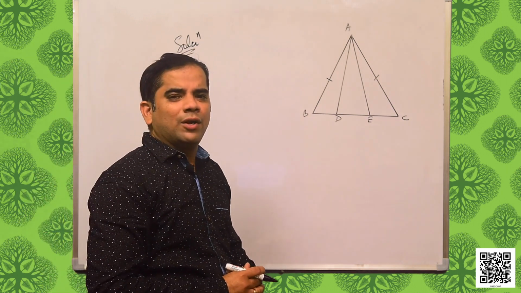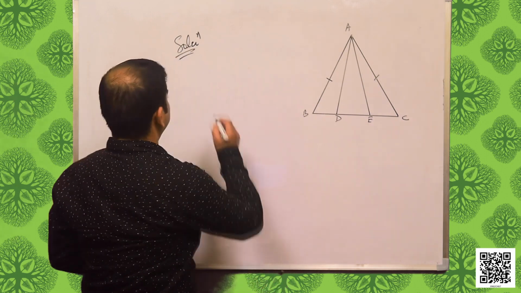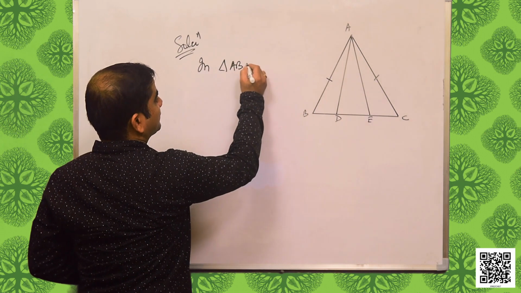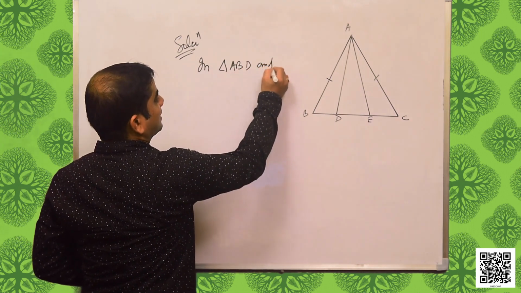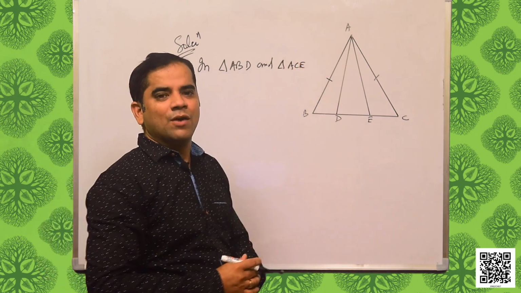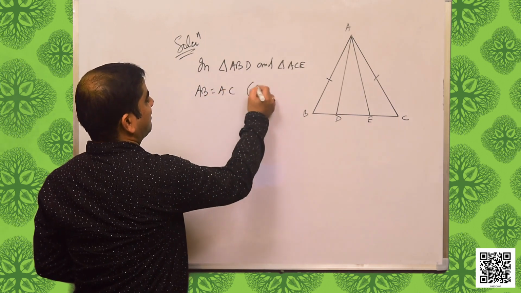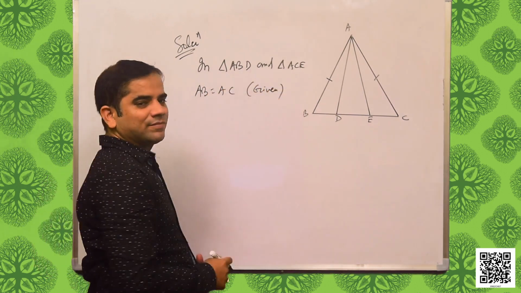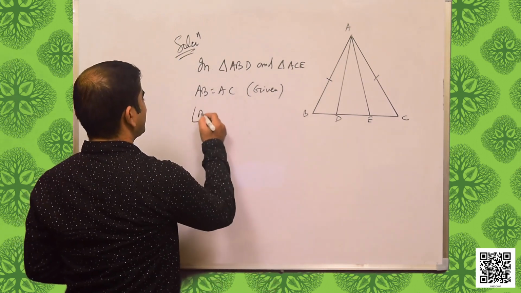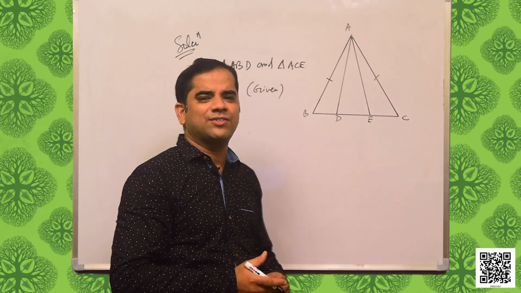Fine. So, let us concentrate on triangle ABD and triangle ACE. In triangle ABD and triangle ACE, okay, we have AB equal to AC, it is given, and angle B is equal to angle C. Why? Because it is an isosceles triangle.